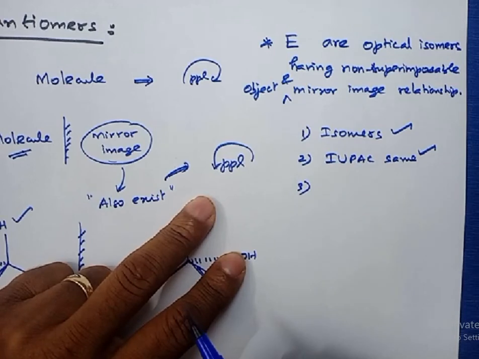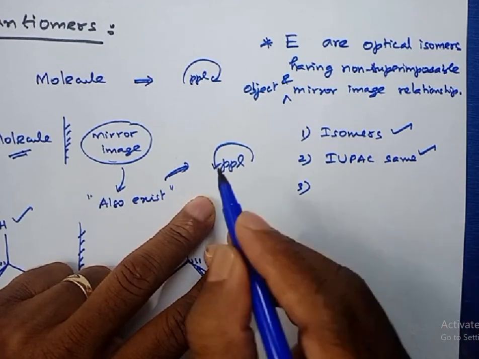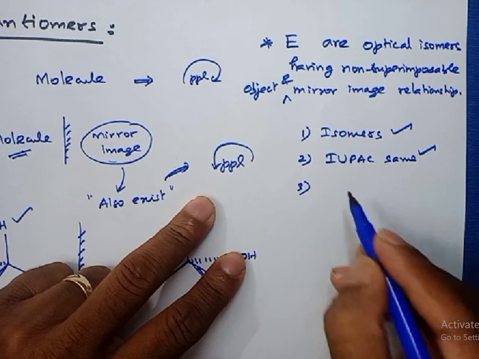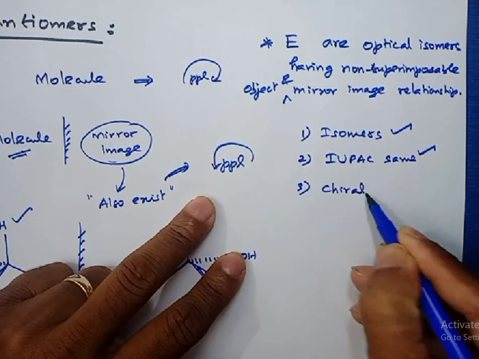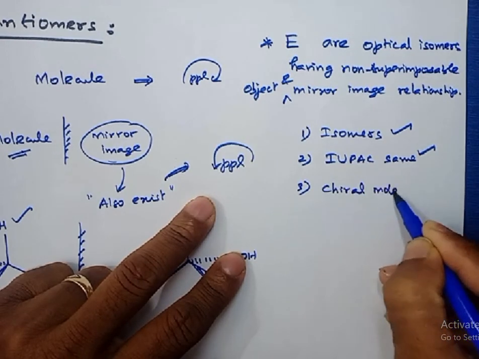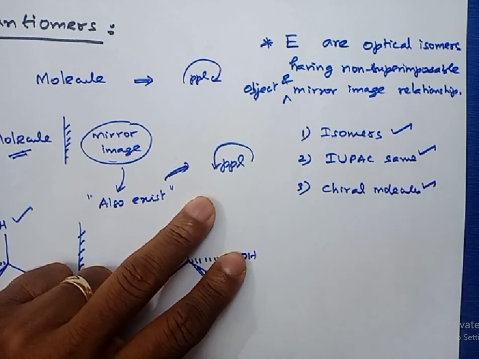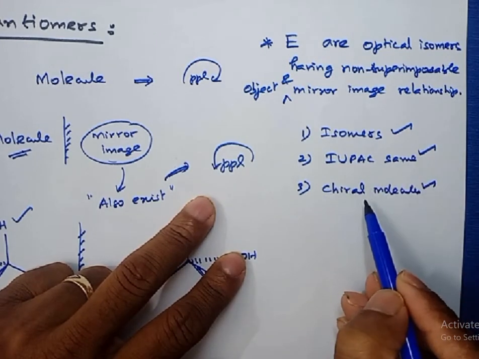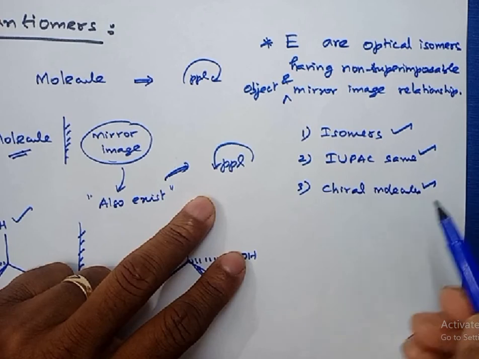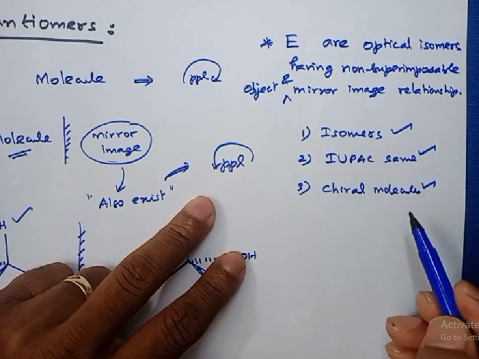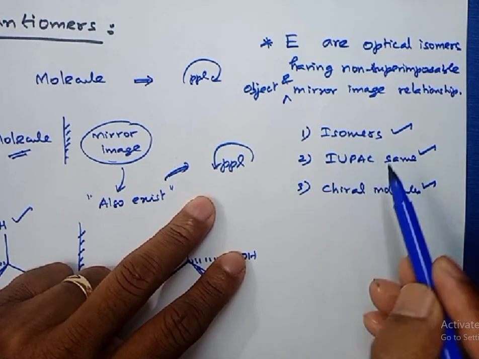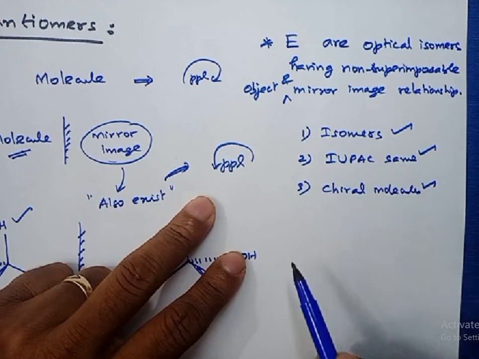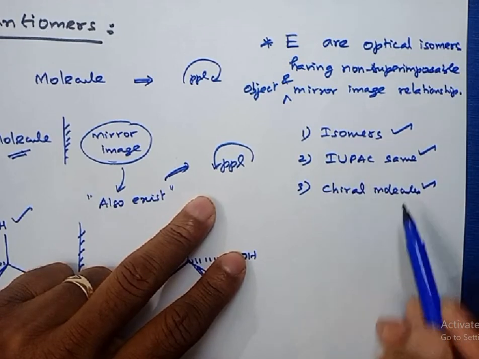Then third, check whether the molecules are chiral molecules or not. Yes, they are chiral molecules. Chiral molecules means they rotate plane polarized light. So they should be isomers, they should have the same IUPAC name, and they should be chiral molecules.